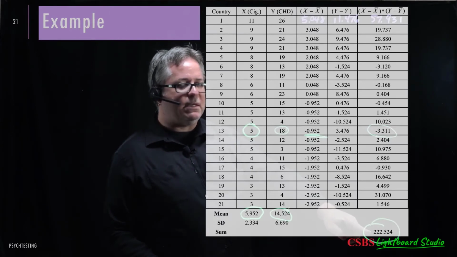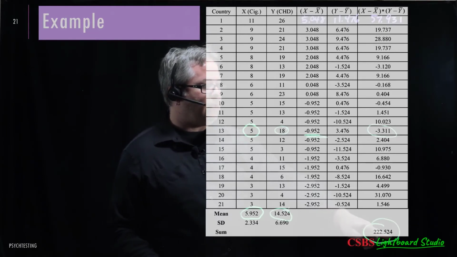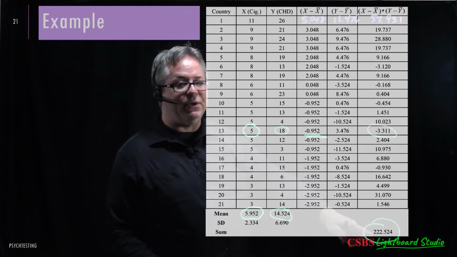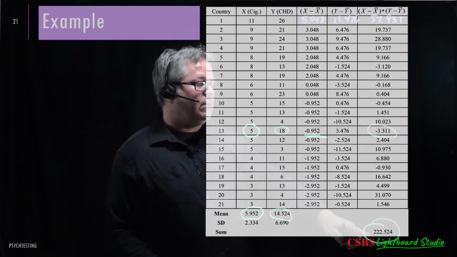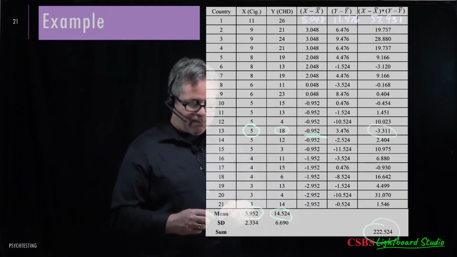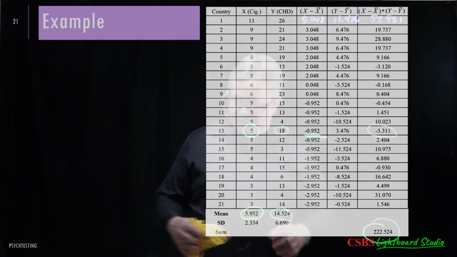When you standardize that, you get a correlation that's about zero. Here we get a fairly large positive sum of products, so there is something here.